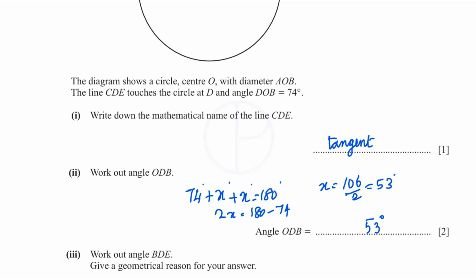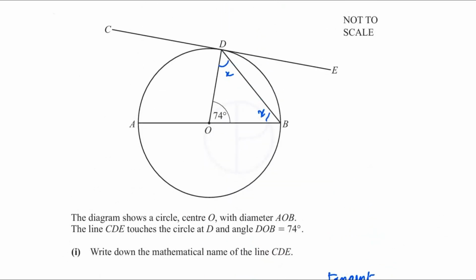Now next part of the question is work out the angle BDE. So now we need to find this. Okay. So this is 53. CDE is a tangent which touches the circle at the point D. So the angle between the radius and the tangent is 90.